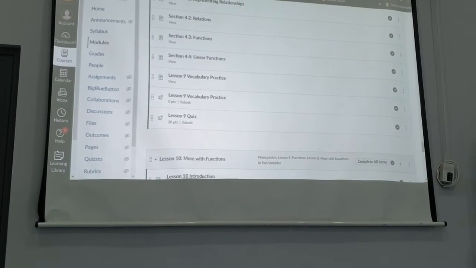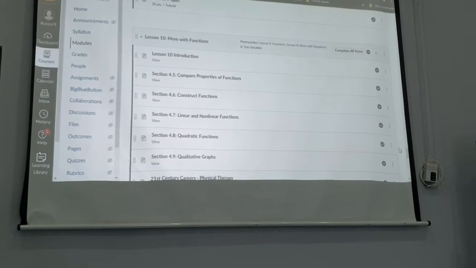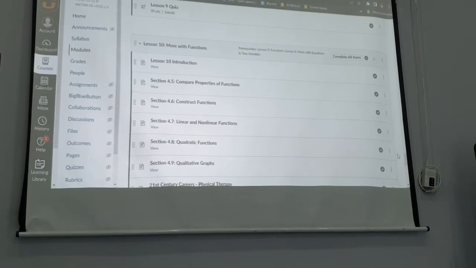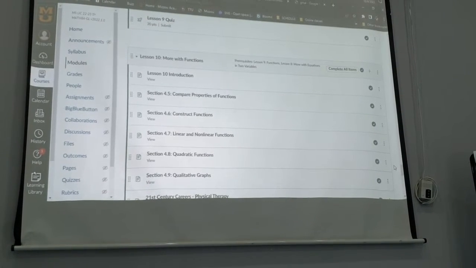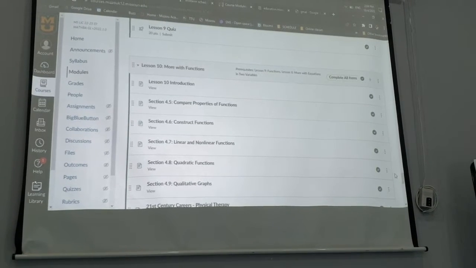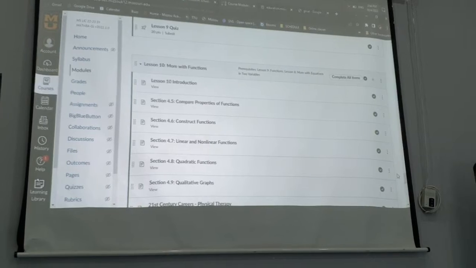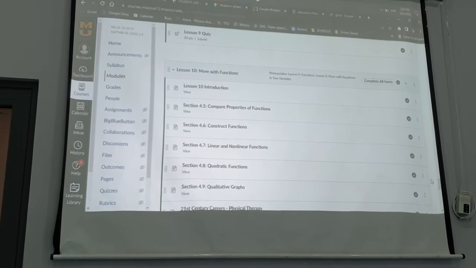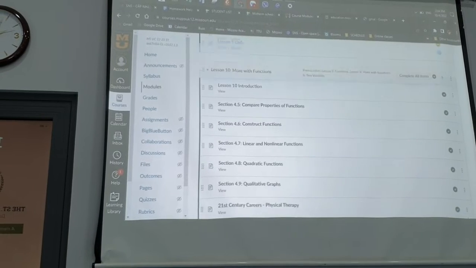That's strange. Lesson 12, have you heard about functions and linear and nonlinear functions? Not yet? I know stuff. So you know the linear functions? I can't hear you. Is that a yes? Yes? Okay. And is there a lesson 11 or lesson 12?